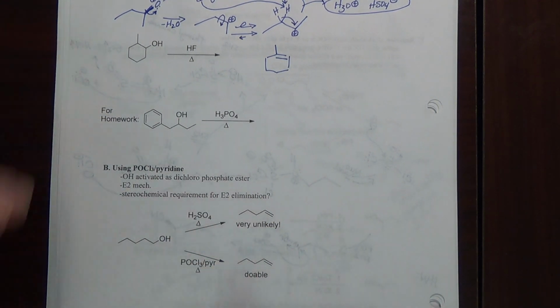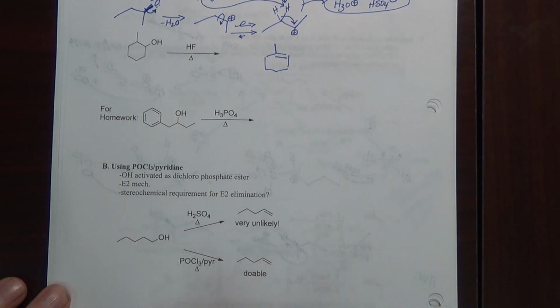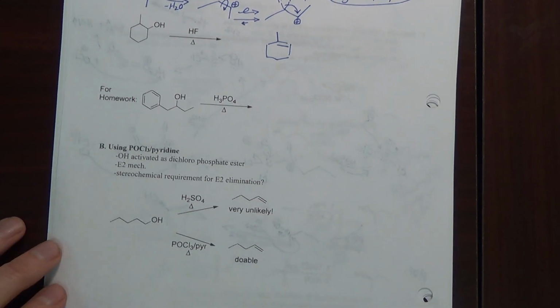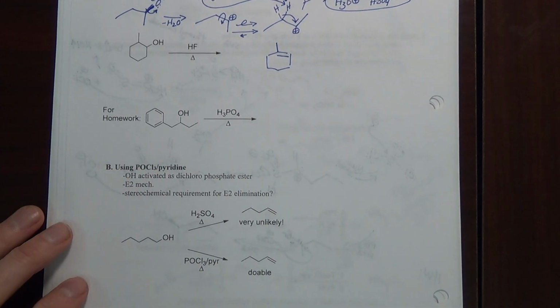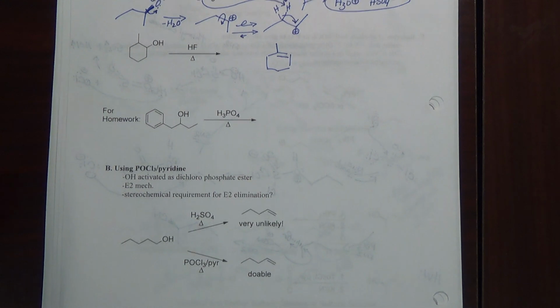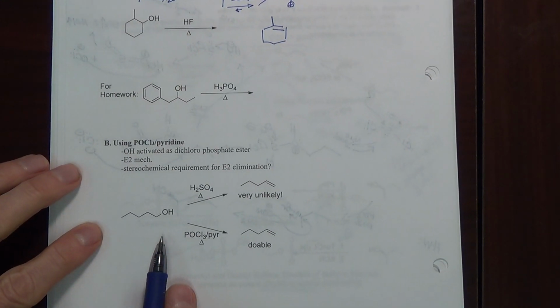And it's typically an E2 mechanism. It's another way to dehydrate an alcohol. Particularly good for primary alcohols, because if you try to dehydrate a primary alcohol with just strong acid, it's very unlikely, or rather difficult, mainly because it's very hard to form a primary carbocation.